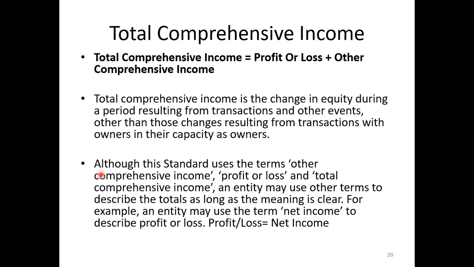Although this standard uses the terms other comprehensive income, profit or loss, and total comprehensive income, an entity may use other terms to describe the totals as long as the meaning is clear.